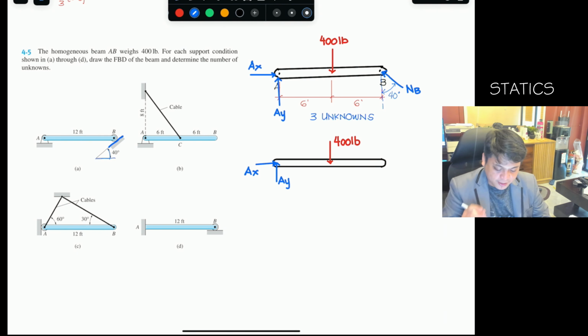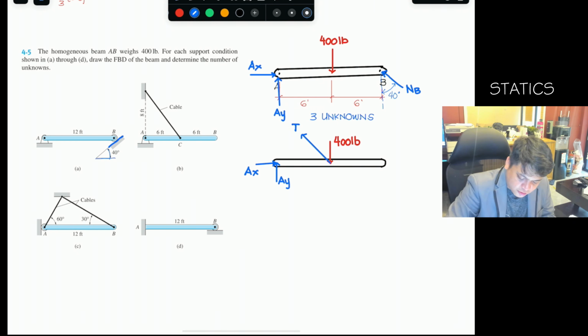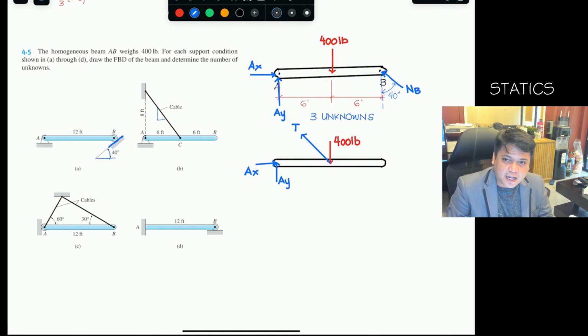Okay? And then also at point C, may nakakabit kang cable. So you can have here, ayan, lagyan natin doon. Okay, so tawagin natin siyang tension. Okay? So, since meron siyang angle, naka-angle siya, lalagyan natin siya ng slope. So, 6 and 8, ito, no? 6 and 8.